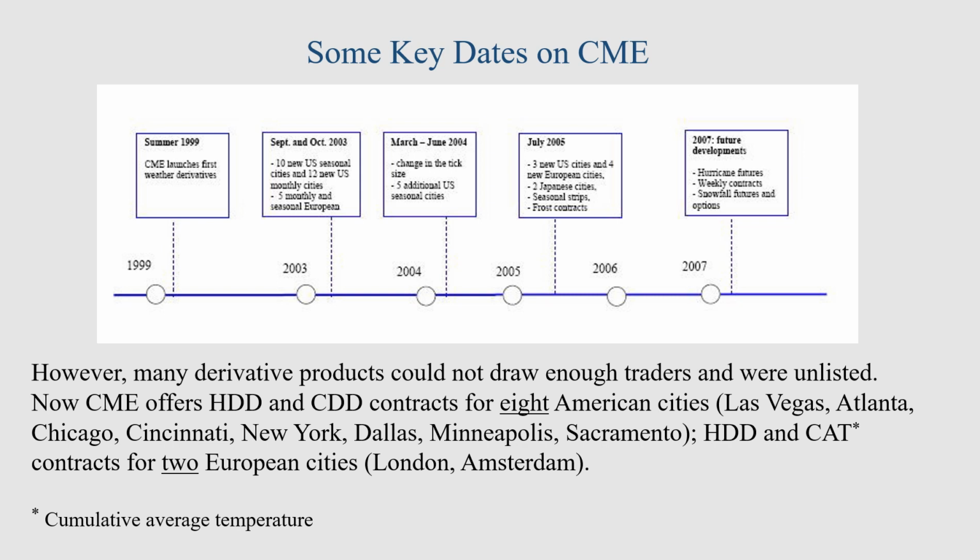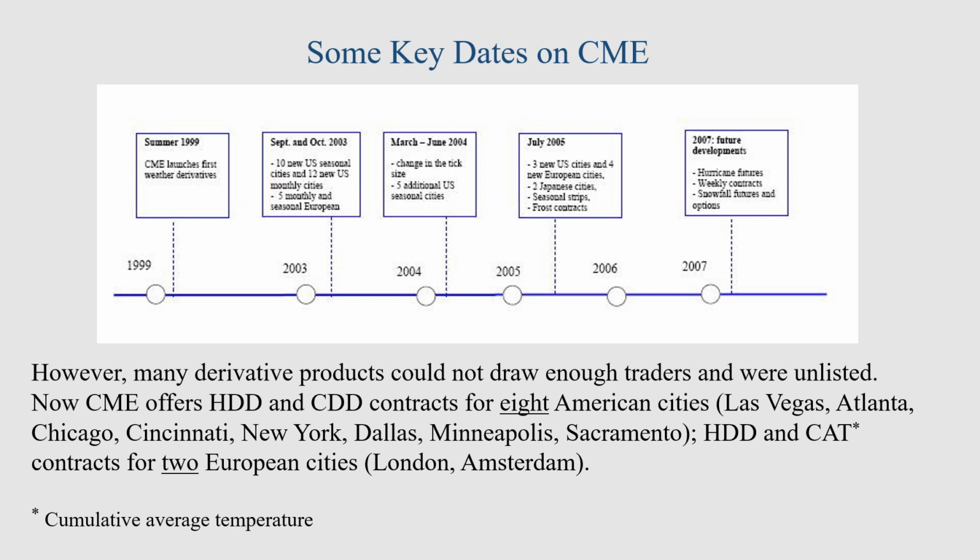However, the problem is that many of these derivative products could not draw enough traders and were unlisted. Currently, the Chicago Mercantile Exchange offers heating degree day and cooling degree contracts for 8 American cities listed as Las Vegas, Atlanta, Chicago, Cincinnati, New York, Dallas, Minneapolis, and Sacramento.